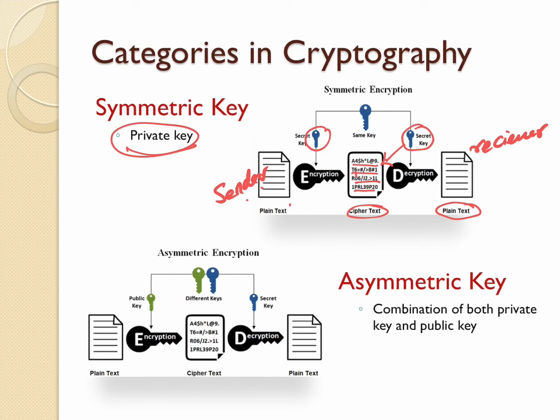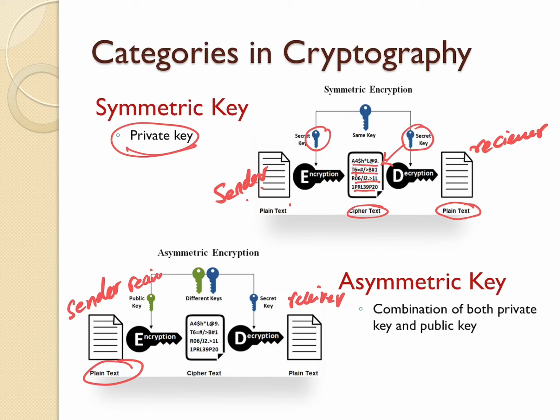Now we are going to see the asymmetric key. Asymmetric key means both the sender and the receiver have a pair, a combination of public and private keys. Both have their own public key and private key. If a sender wants to send a message to the receiver, first the sender encrypts the plain text using the receiver's public key.